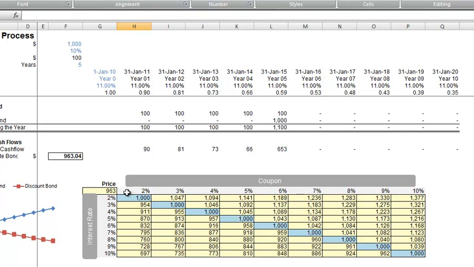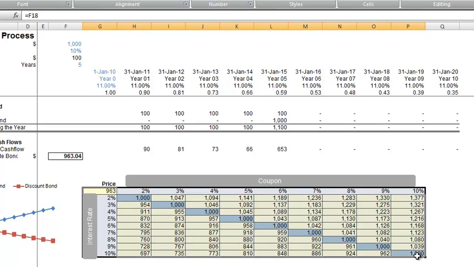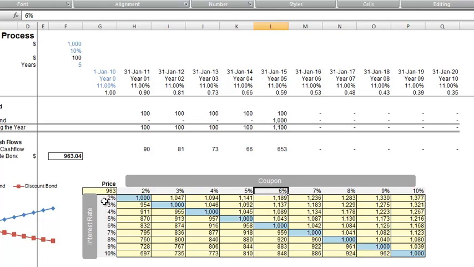Now this is the summary of all the different cases. So what is the price when coupon is 6% and the interest rate is 2%? We know it has to be higher than the face value, so it is 1189. Now if you note these blue colored cells, you will see that the interest rate or the yield to maturity and the coupon are exactly the same.